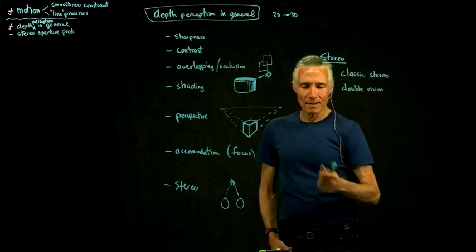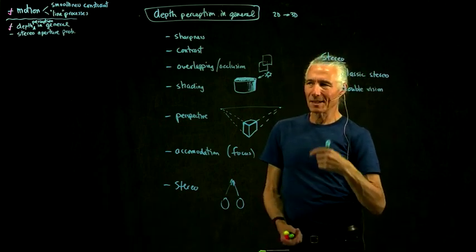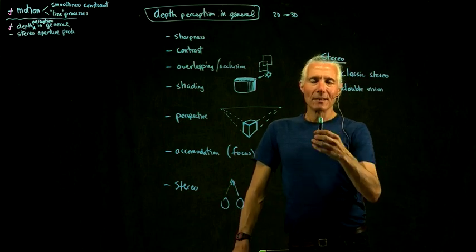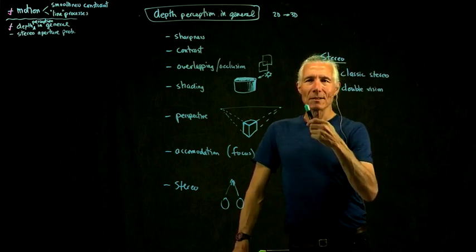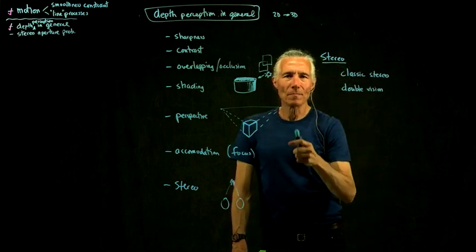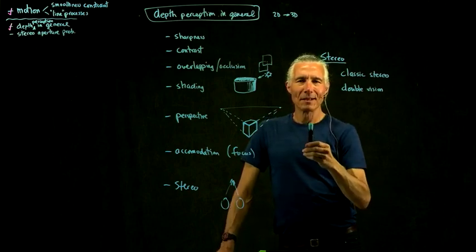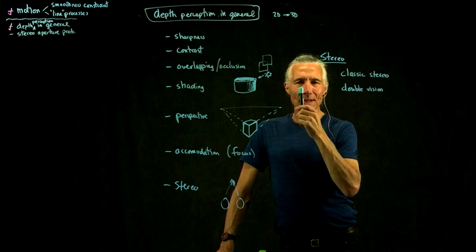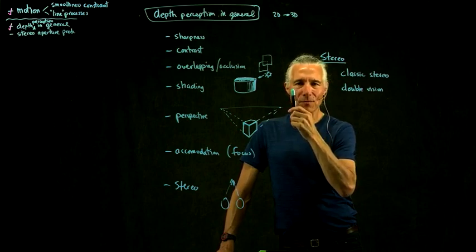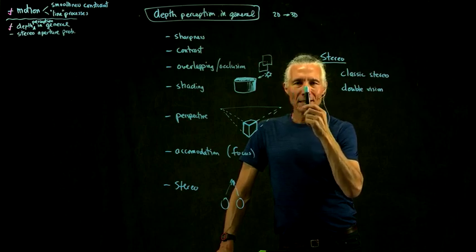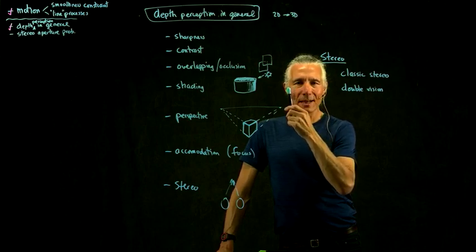You can't see it unless you actually do something. So say I focus across the room on the Dalai Lama out there, and now I bring something close into my face like this, but don't focus on it. Just look at what's across the room. Now pay attention to what that object that's close to me looks like.